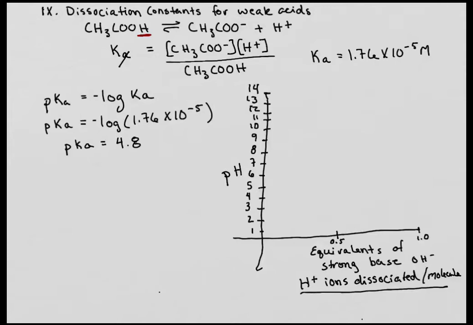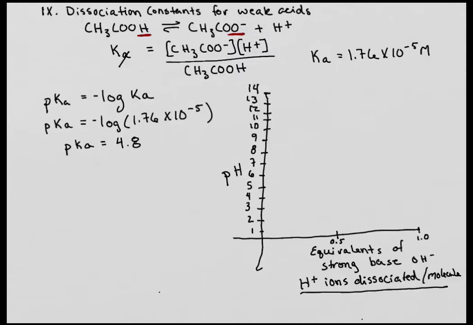However, the more basic it becomes, the more that acid is going to give up its acidic proton. So at a pH of 14, it will have completely given up that acidic proton, and the predominant species will be the conjugate base.